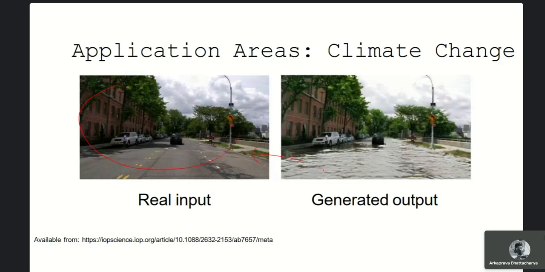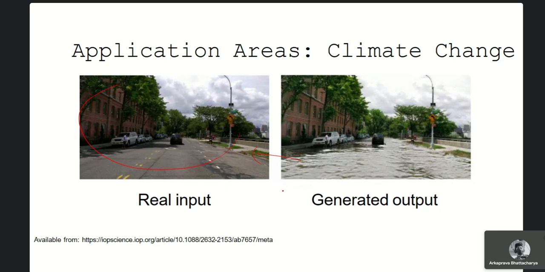The right hand side shows the generated output if a flood actually occurs. So the people who are working in climate change can visualize the effects of global warming and depict it to the people.